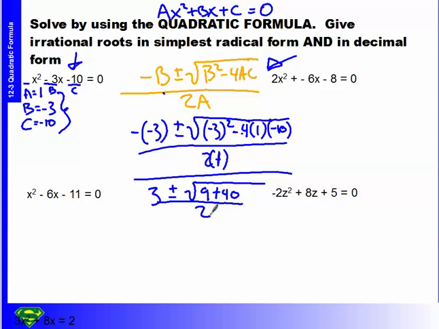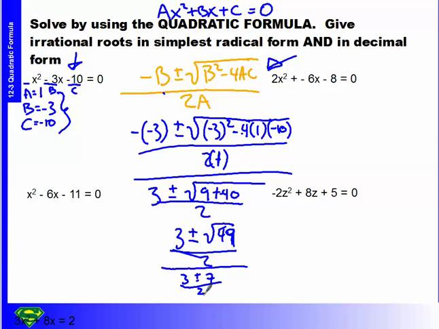All over 2 times 1 is 2. 9 plus 40 is simply 49, all over 2. And then the square root of 49 is a square number, which makes life easier. So we have 3 plus or minus 7, because that is the square root of 49, divided by 2.